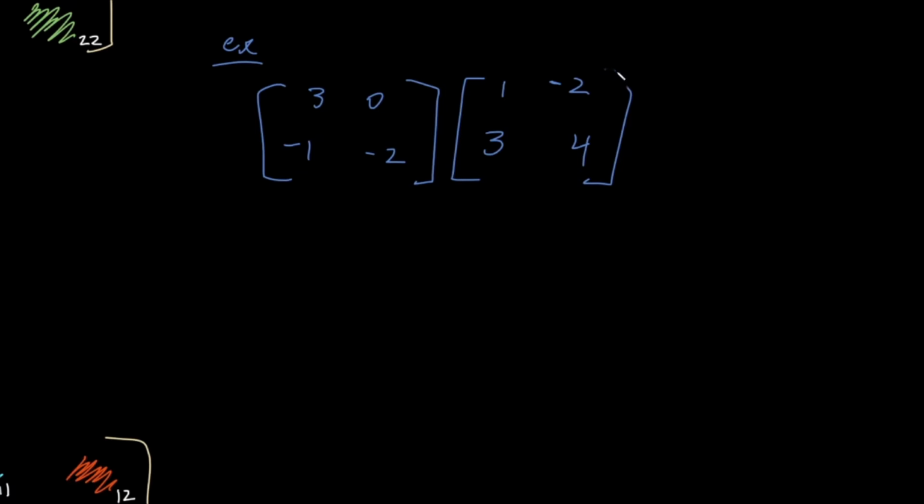So we already know that 2 by 2s are compatible, so I'm going to go ahead and start multiplying this. So this is going to be another 2 by 2, and we're going to have 4 elements.